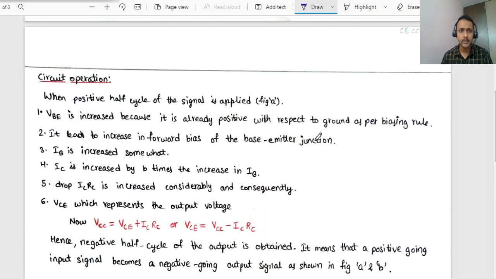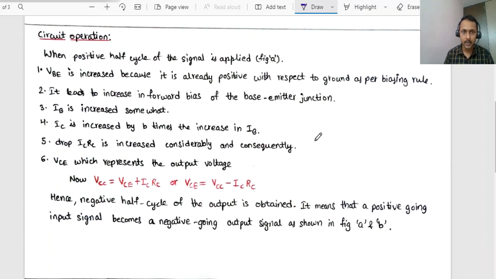Now what could be the operation? As we have told you, the base emitter junction is already positive with respect to ground, so it is already forward biased. Once the base emitter voltage is increased further, it leads to more base current flowing, so IB will increase. As VBE is increased, the forward bias of the emitter base junction increases.